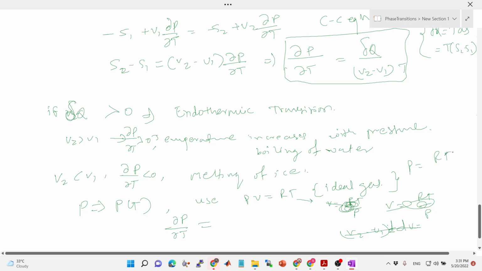So P is equal to RT upon V, and then take the derivative of P with respect to T. What we get is R by V. What we have here is delta Q upon V2 minus V1.